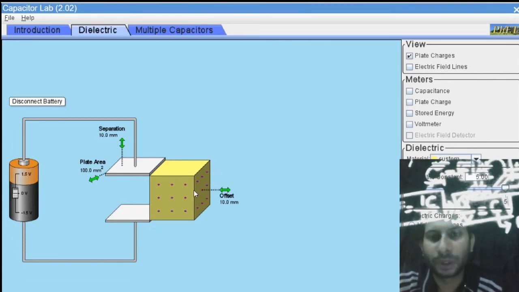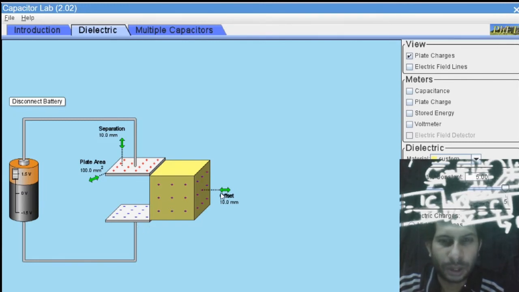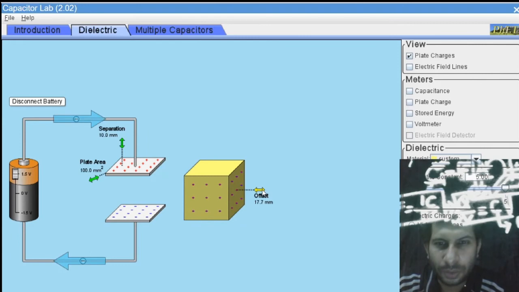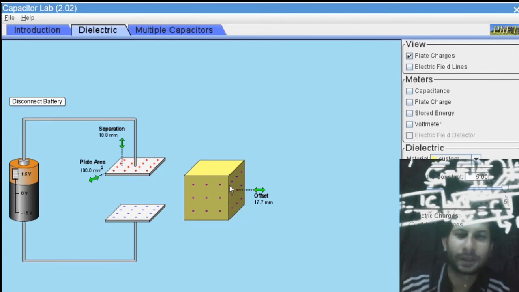Now we introduce the positive charge on the upper plate and negative charge on the bottom as in the previous case. Now we try to insert this dielectric, and you can observe that this dielectric is a material consisting of both positive and negative charges.